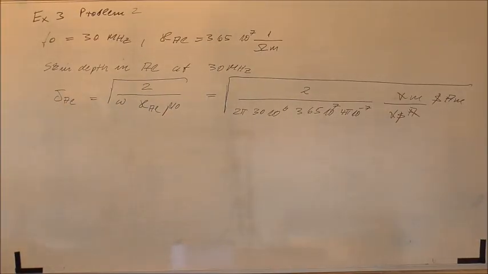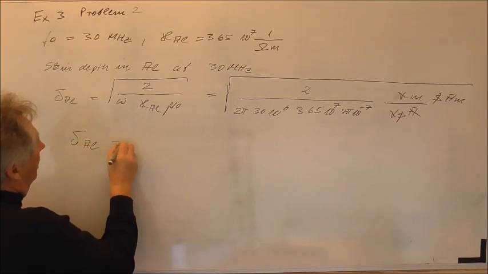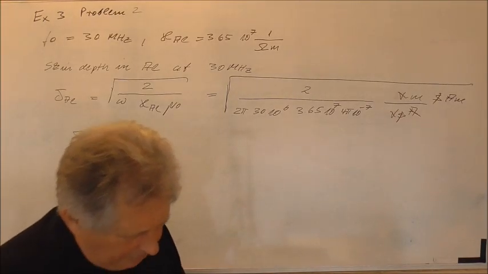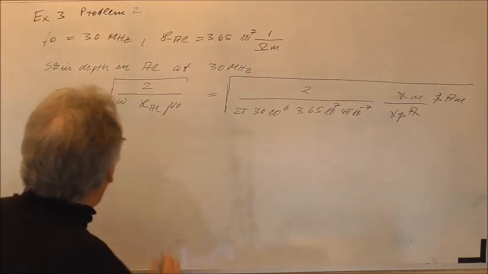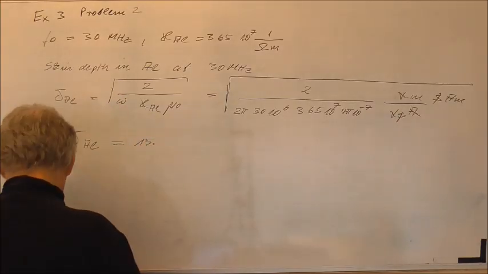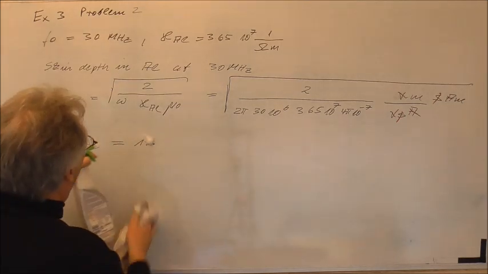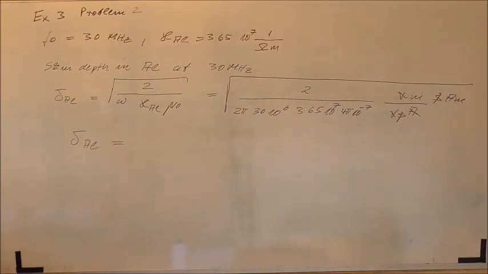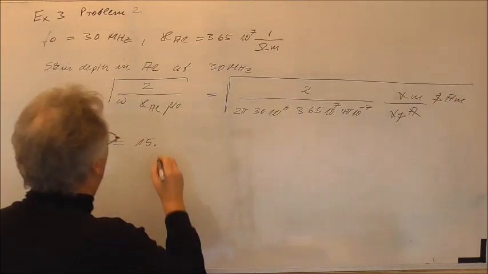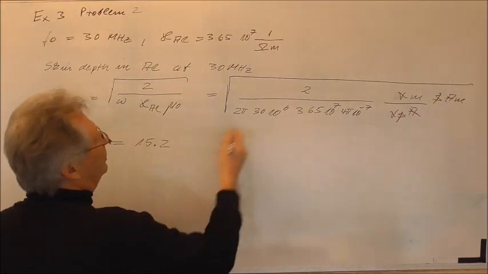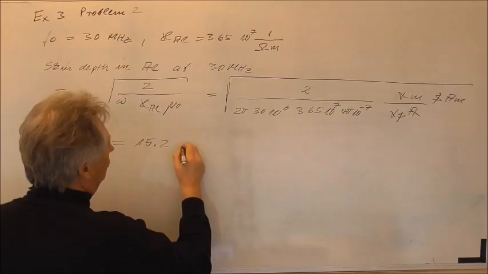So if you calculate the value, delta Al will be 15.2, and as a result you will get 10 to the power of minus 6 meter, or 15.2 micrometer.